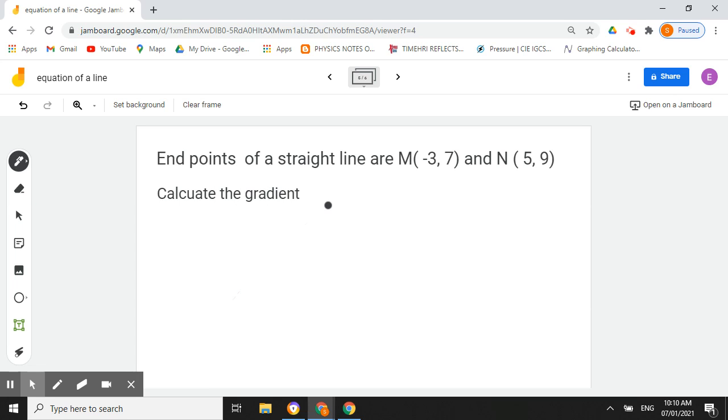If we can recall, our gradient is equal to our change in the y's over the change in x, rise over run. We already know that these are our x1, y1, and these are our x2, y2.